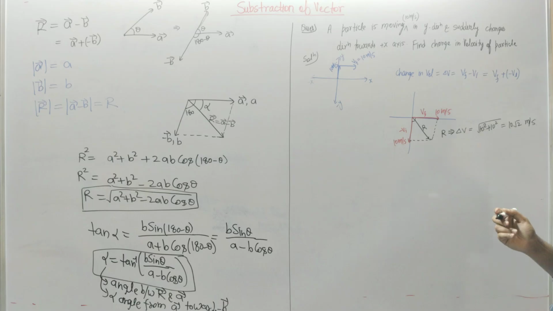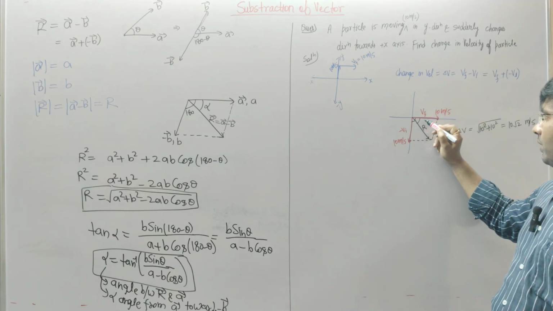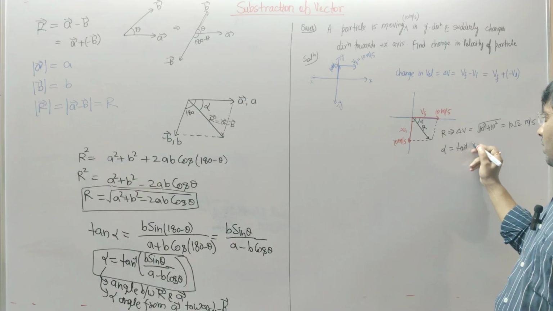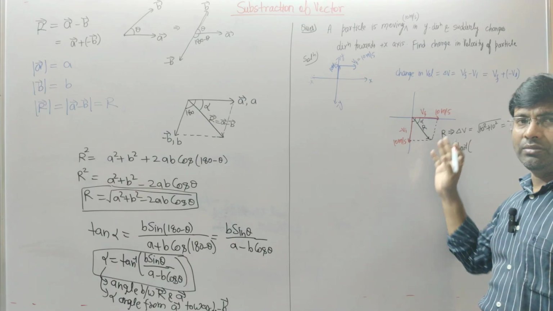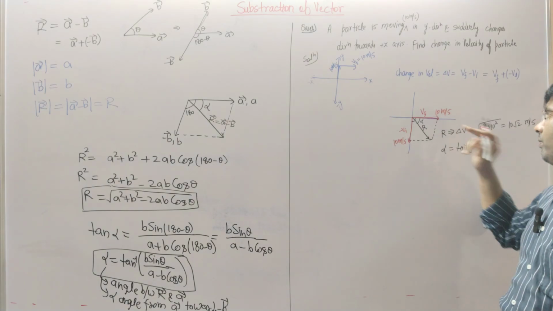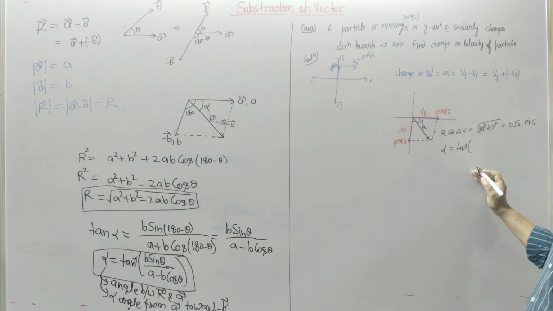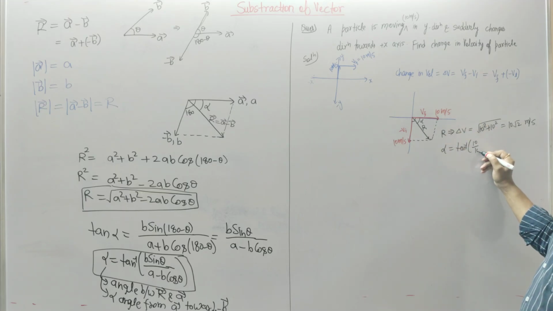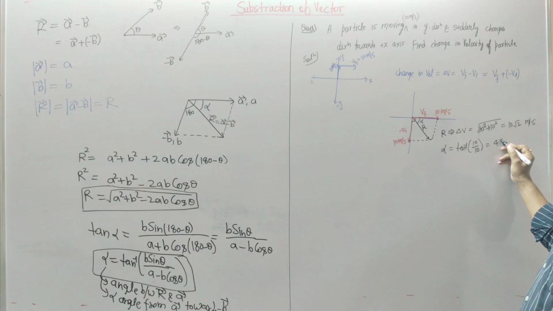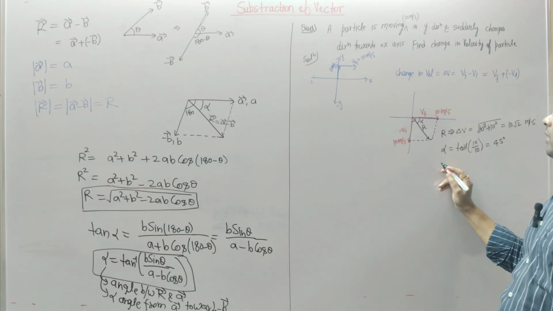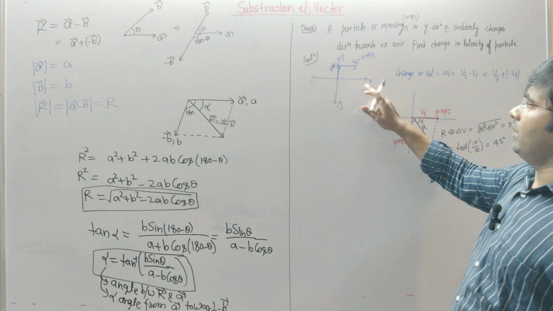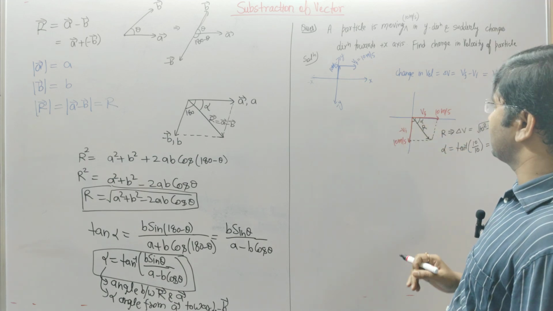We have to find the direction also. Let's take this angle as alpha. So alpha will be tan inverse. Of course both are equal, this is symmetric at 90 degrees, so it will be 45 degrees. But we can find it by formula also: this is 10 upon 10, this is 1, this is 45 degrees. So the change in velocity is in between, in the middle of x and minus y.